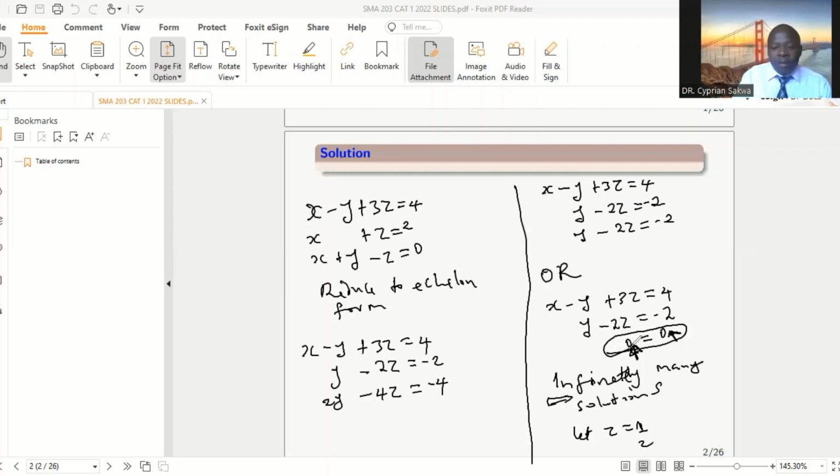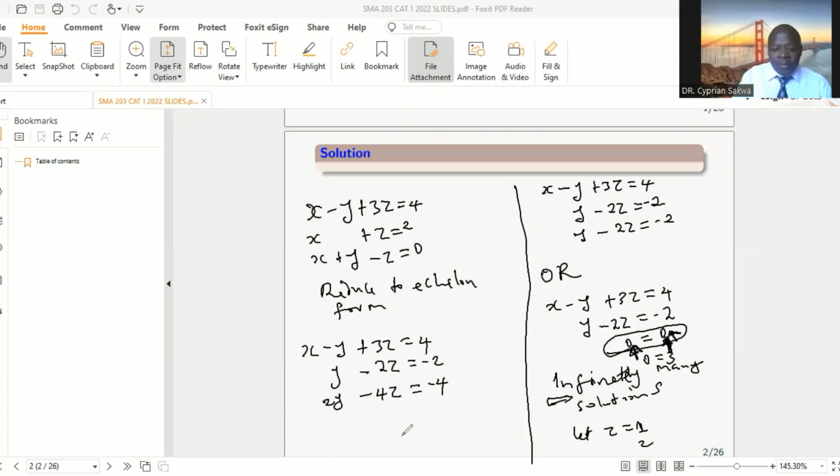Now, supposing the right side was non-zero and the left side was 0, so that we have something like 0 equals 3. Then the system has no solution.